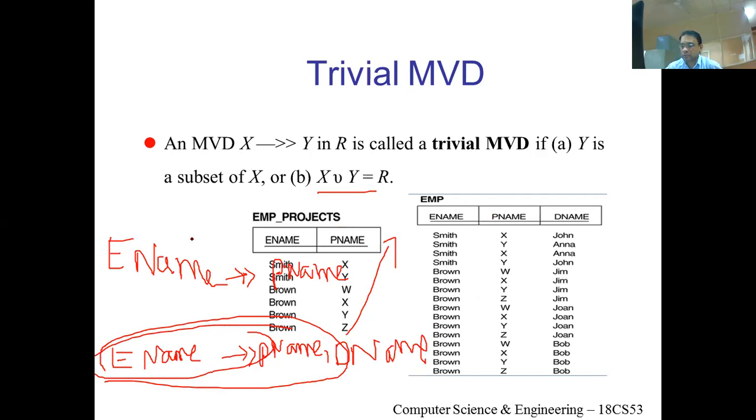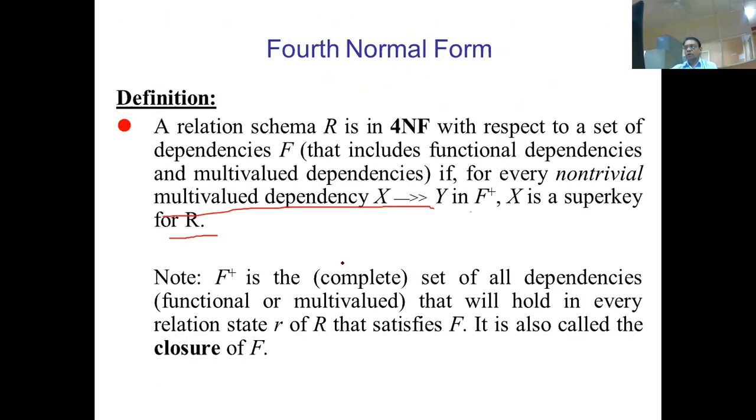Trivial means X union Y should be equal to R, or Y is a subset of X. For every non-trivial multivalued dependency X multi-determines Y in F plus, X should be a super key of R, where F plus is called the closure of F. It contains the set of all dependencies that hold in every relation state of R that satisfies F.